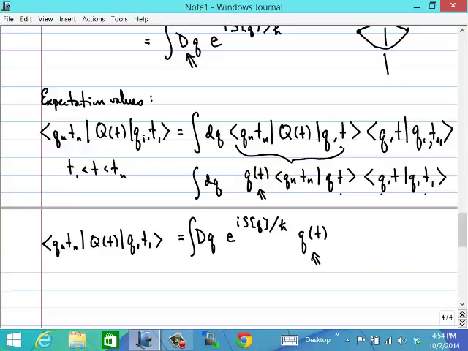The first important point is that this path integral expression is an integral over all classical fields. It's an integral over all classical configurations. There are no operators appearing anywhere. Whereas capital Q here is an operator. And so if you want to compute the matrix element of the operator Q, you just take the classical variable corresponding to Q, and you insert it in the path integral.